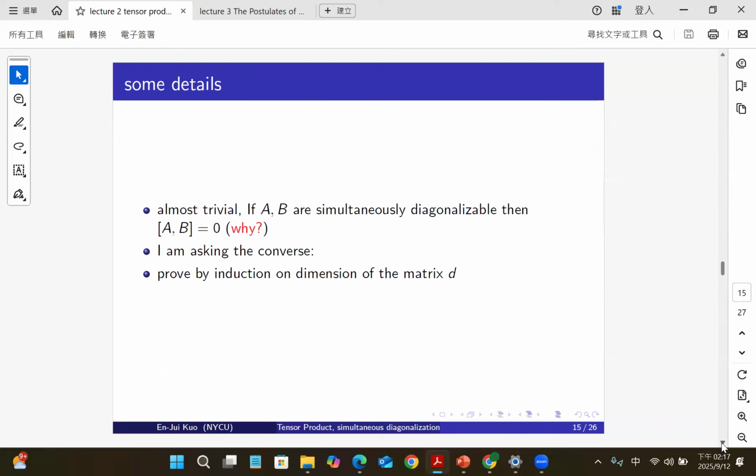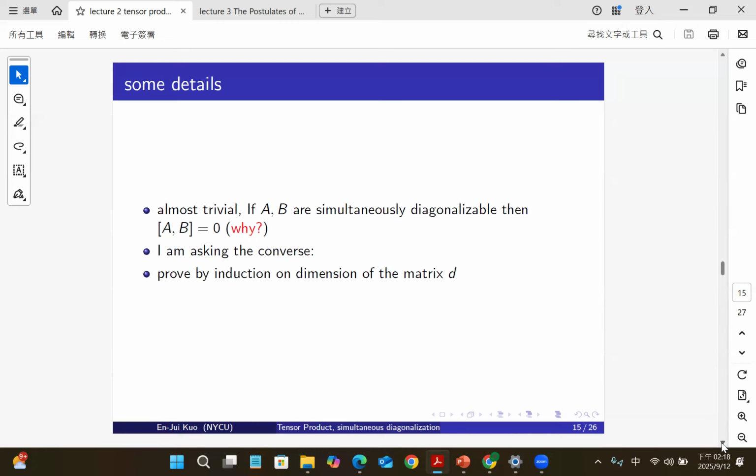So in the same basis, obviously if they are all diagonal, then A and B commute. 两个对角矩阵相乘，不就是每一个对角线自己相乘就好，所以它们一定交换。So the non-trivial part is why, when the commutator is zero, they can be simultaneously diagonalized. One direction is trivial. So the converse is non-trivial. I'm asking about the converse, which means how to prove that when the commutator is zero, then they are simultaneously diagonalizable.